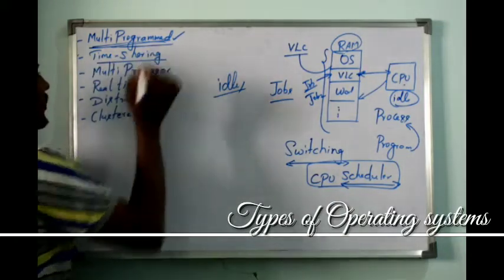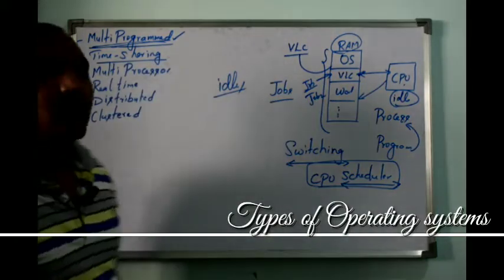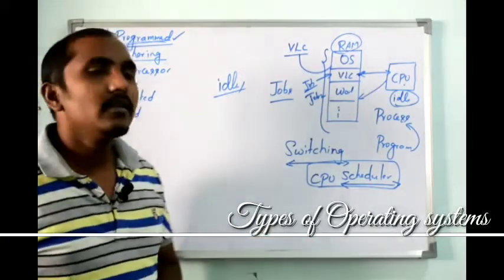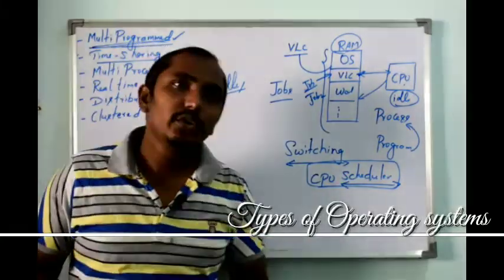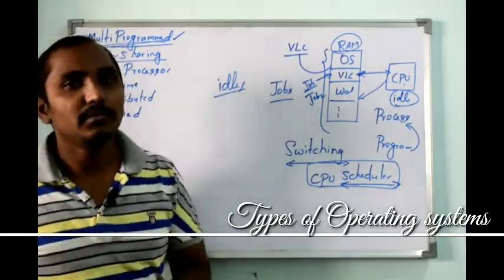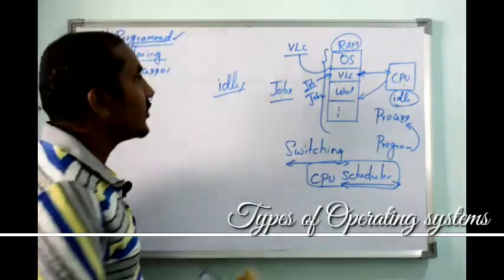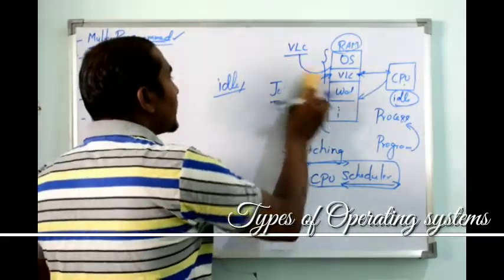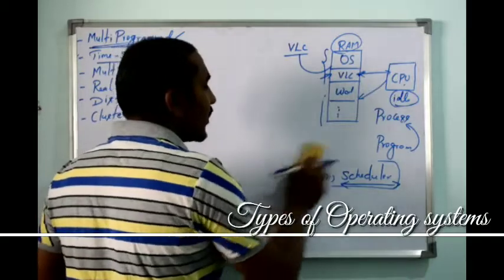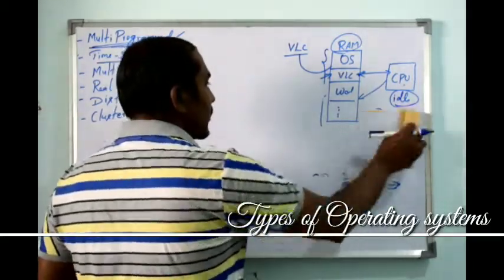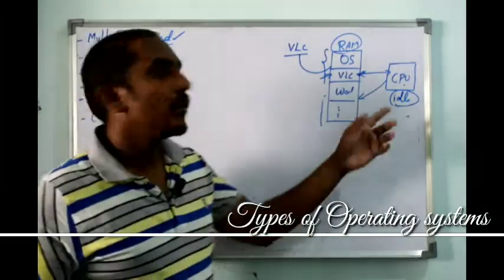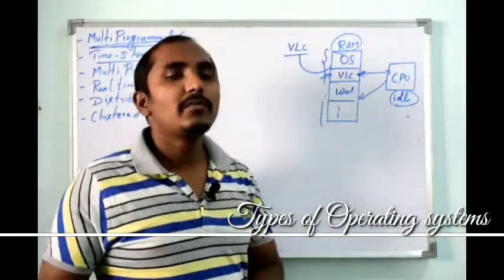Next, coming to time sharing. Time sharing is when, while executing programs, the CPU fixes some time for each and every program. Suppose I have the same example: programs like VLC player, MS Word and other different types of programs, and I have only one CPU and a list of programs to be executed.